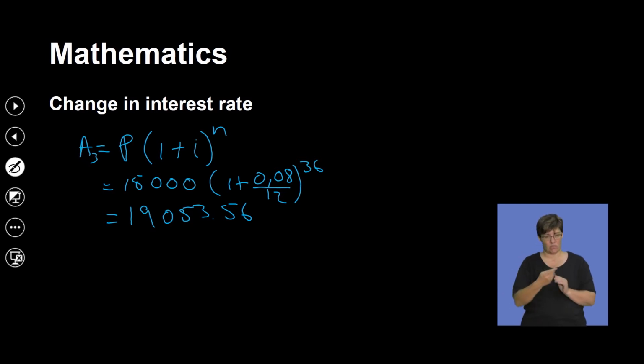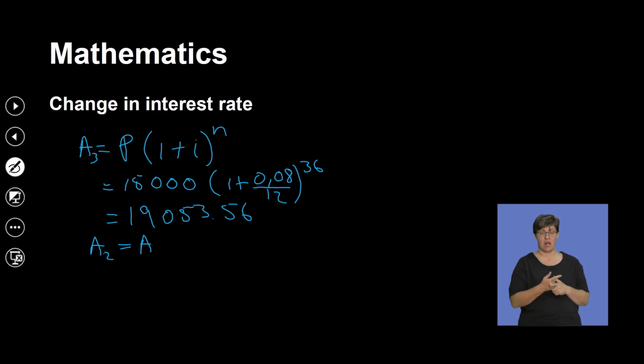Although I'm rounding off here, that's not what you're supposed to do. Remember that, you need to leave it as is. But I have it on the calculator, so I'm going to still use it from a calculator point of view. So for the last 2 years, that's how much Sibusiso will have at the end of the 5 years.